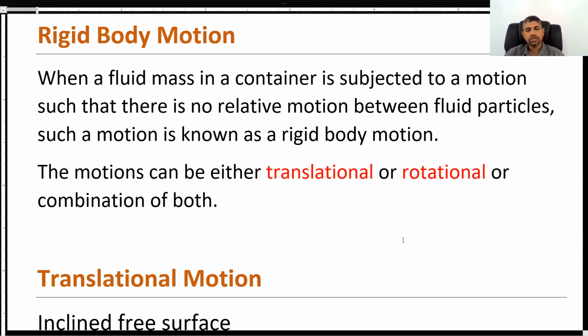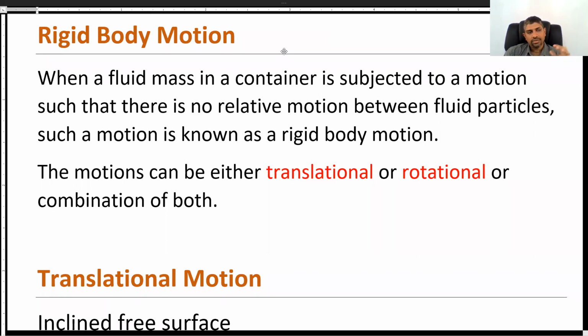So after completing fluid statics, we have to discuss fluid dynamics. So before discussing fluid dynamics, we have to discuss dynamics. Once we complete dynamics, we can discuss fluid dynamics. Therefore, the dynamics will be covered later.